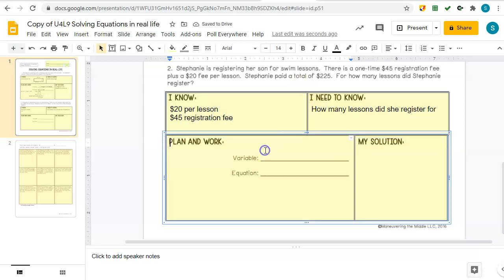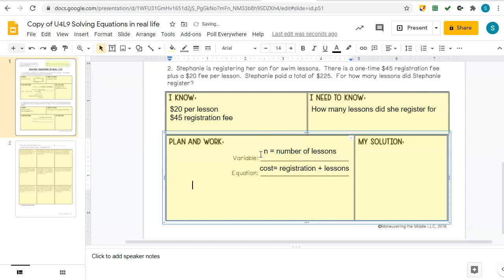So let's think about our equation. Well, the thing that we need to know is the number of lessons. So let's let n equal the number of lessons. And let's find the total cost. So remember, the cost had to equal the registration plus the lessons themselves, right?